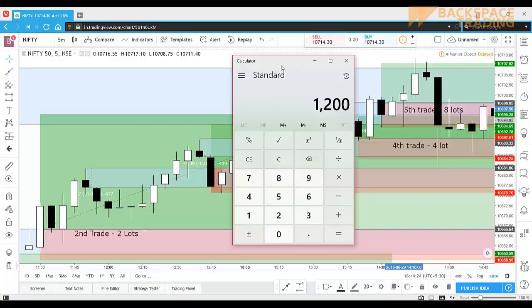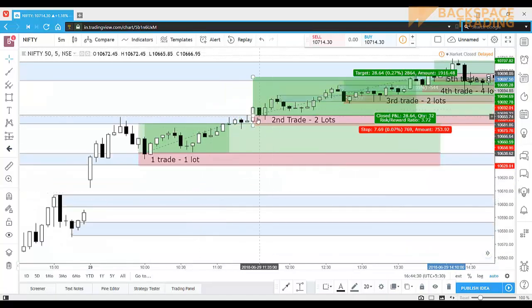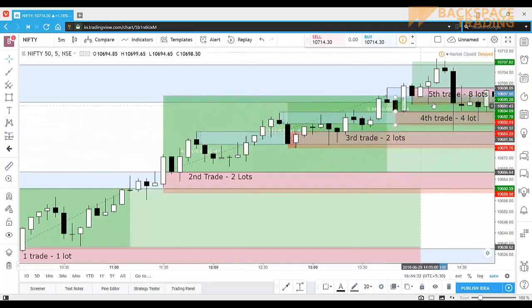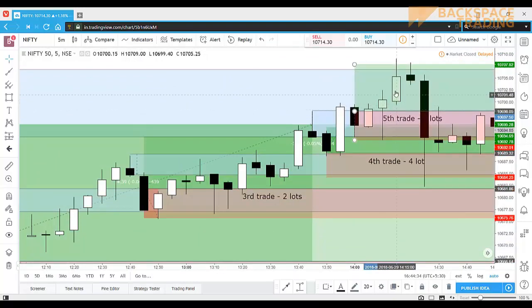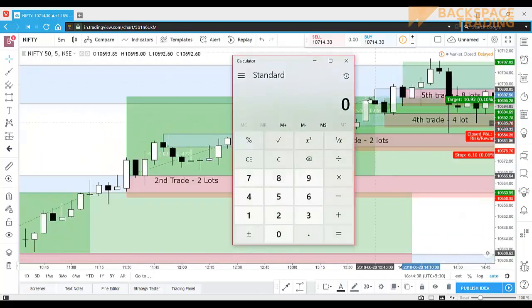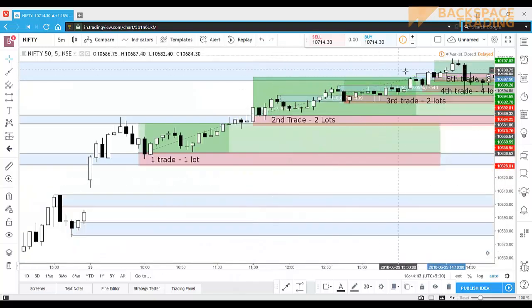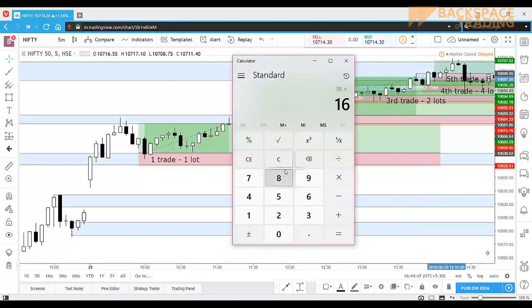Now what was the price range that happened in Nifty over here? You entered a total of 16 lots only, but how much move was this from here? 670 to 730 points. 30 points into 1200, 1200 into 30, it's nearly 36,000.